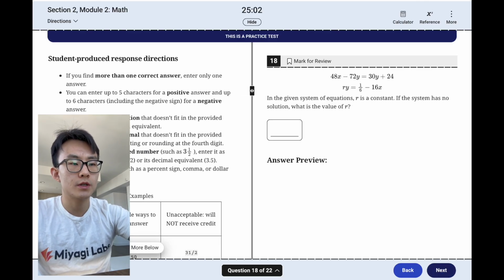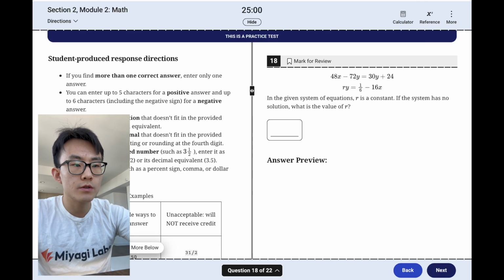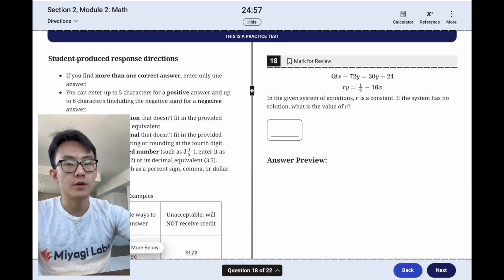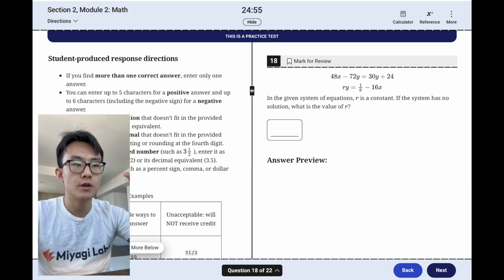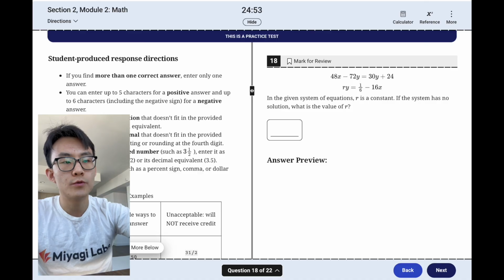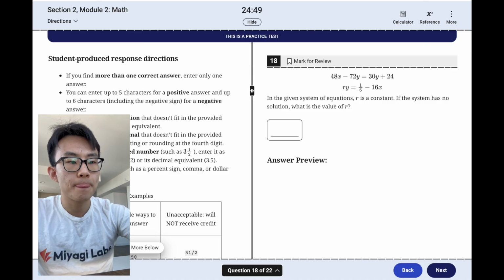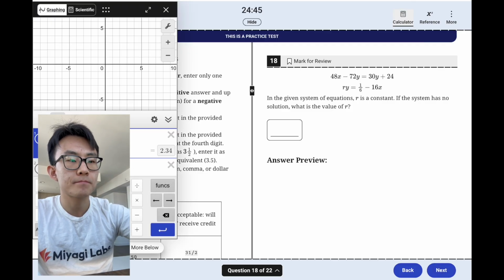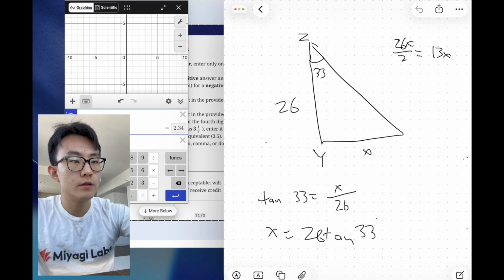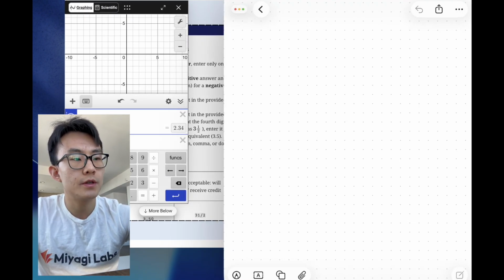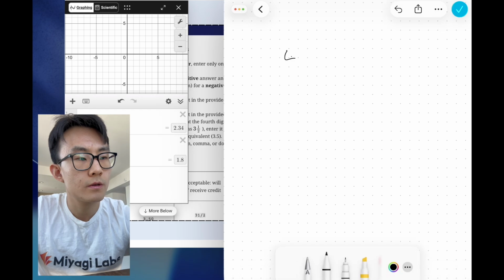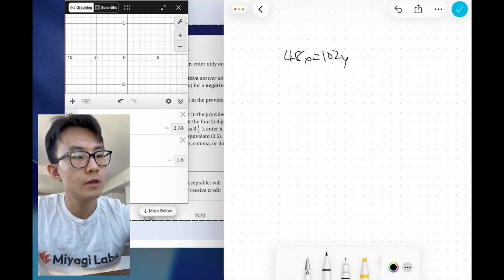R is a constant. If the system has no solutions, what's the value of R? So if the system has no solutions, that means our two lines have to be parallel. So 48x equals 102y.